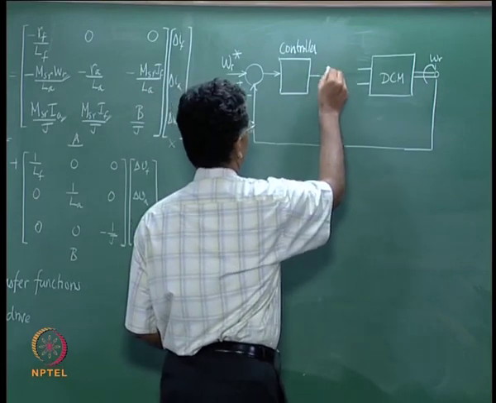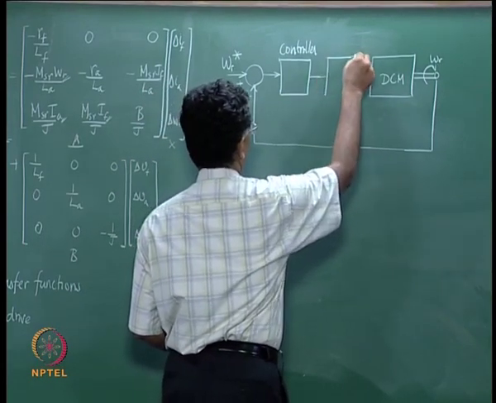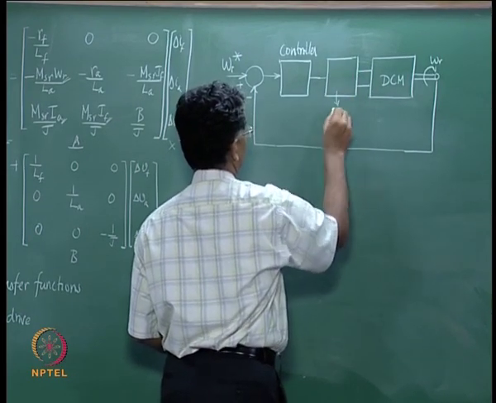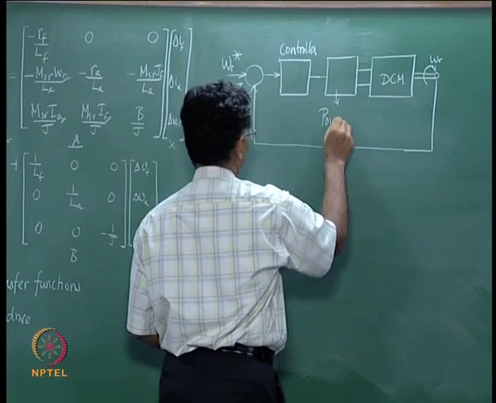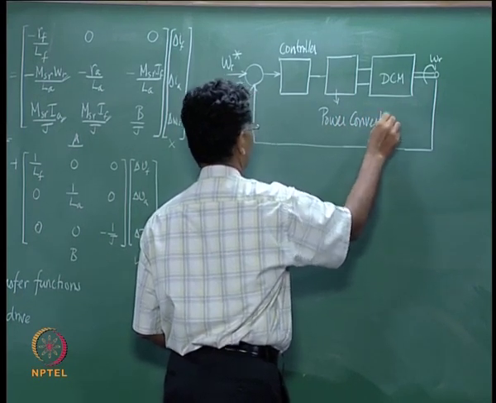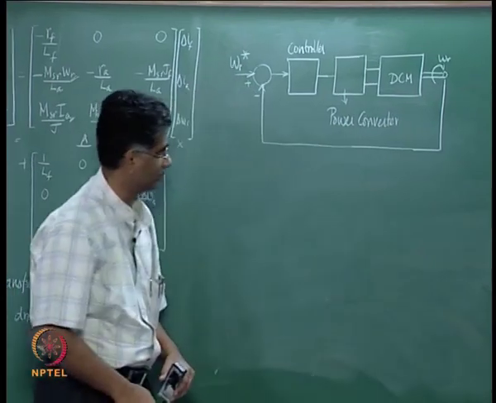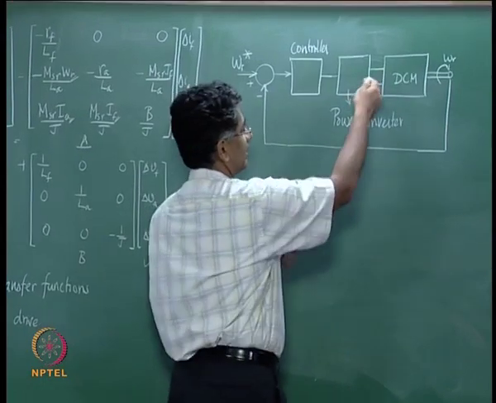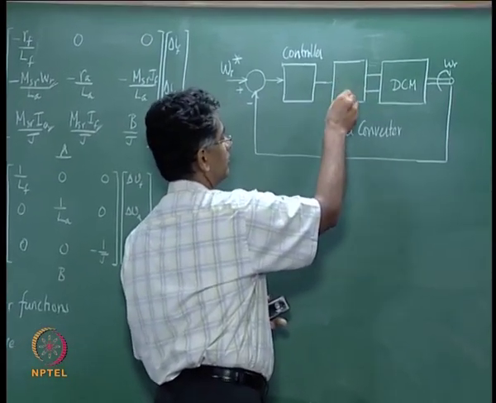You need one more block in between, which is normally called the converter. So the DC machine then gets its armature voltage through this block.